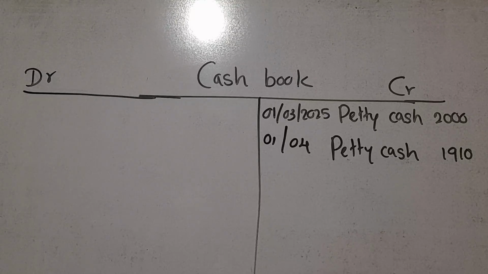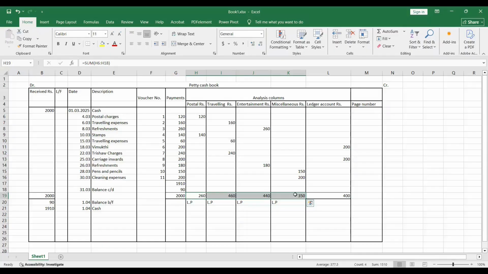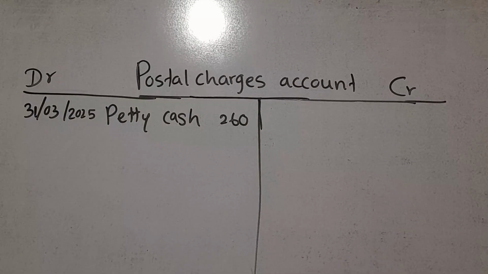Cash book credit 1910. Previously we debited the petty cash book, so cash book credit. When it comes to these four analysis columns, we record the summation into the ledger accounts. Postal charges account debit, 31st of March 2025, petty cash 260.